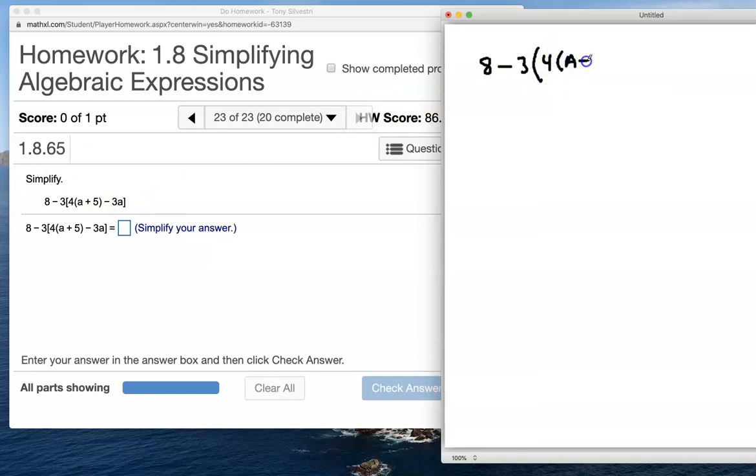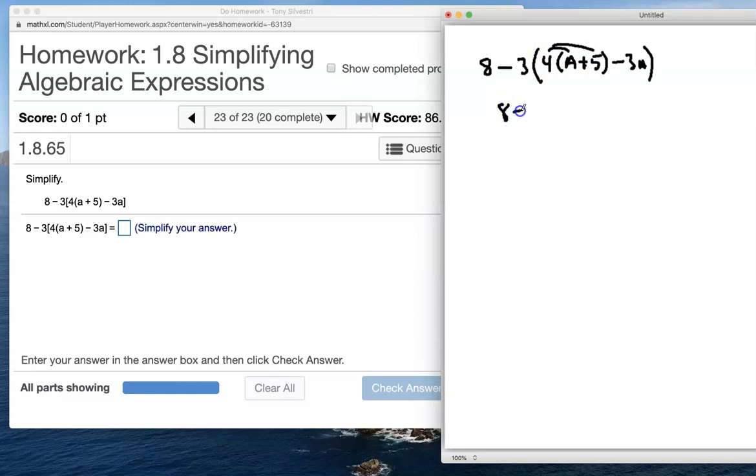A plus 5 minus 3a, close parentheses. So here's what you got to do here. This is an outer set of parentheses, but I can't evaluate that until I do the inner set of parentheses first. Inside that inner set of parentheses, I got to multiply through. So let's do that.